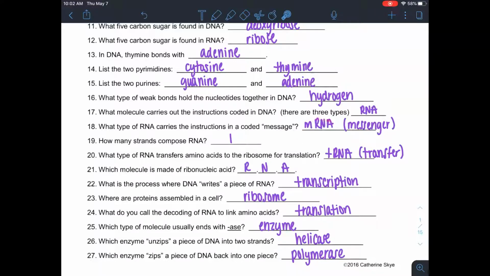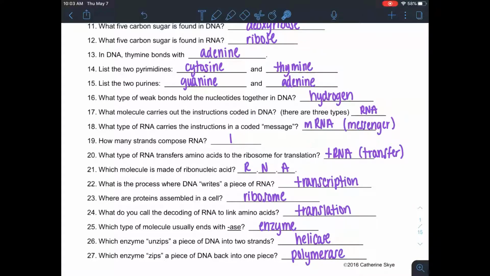Remember, because M stands for messenger. One of the reasons that RNA can do this is because it is made up of one strand. It is one strand, it is smaller, so it can go in and out of the nucleus. For number 20 here, what type of RNA transfers amino acids to the ribosome for translation?